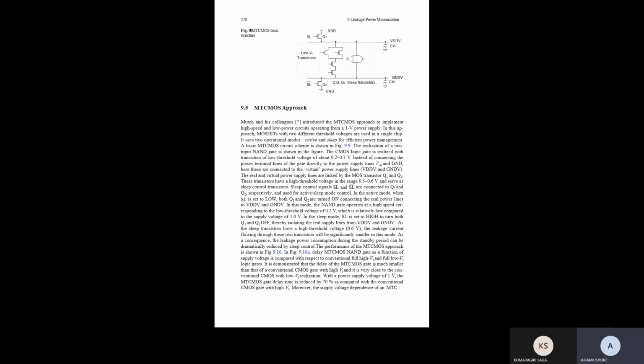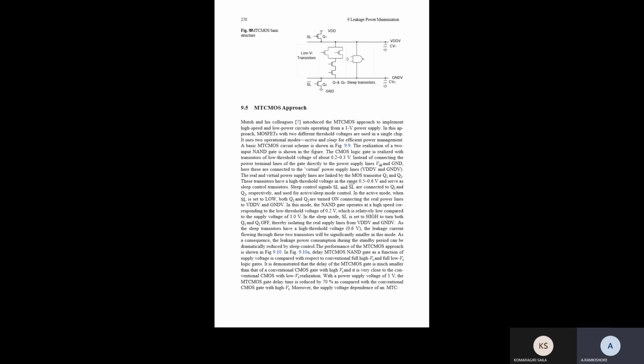But for the external sleep mode, the virtual transistors connected to the power lines have threshold voltages in the range of 0.5 to 0.6 volts, and these virtual transistors serve as sleep control transistors.